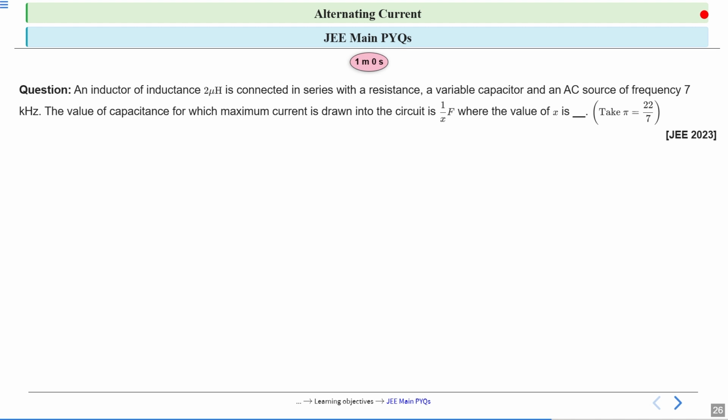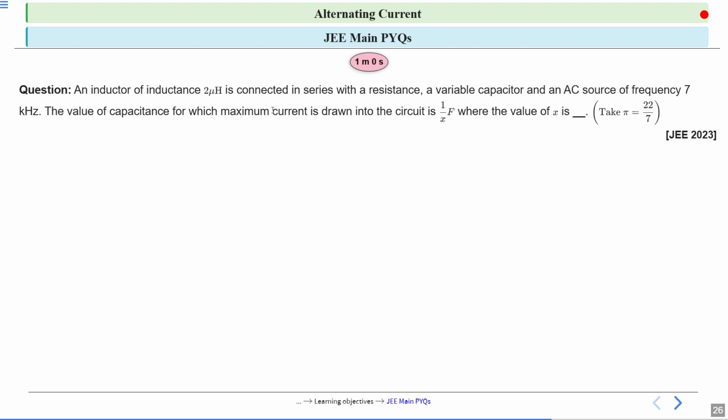Now the next question. An inductor of inductance 2 microhenry is connected in series with a resistance, a variable capacitor and an AC source of 7 kilohertz. So the AC frequency nu is given as 7 kilohertz, and L is given as 2 microhenry. A variable capacitor is there and an AC source is there. The value of capacitance for which maximum current is drawn. So what is the condition?